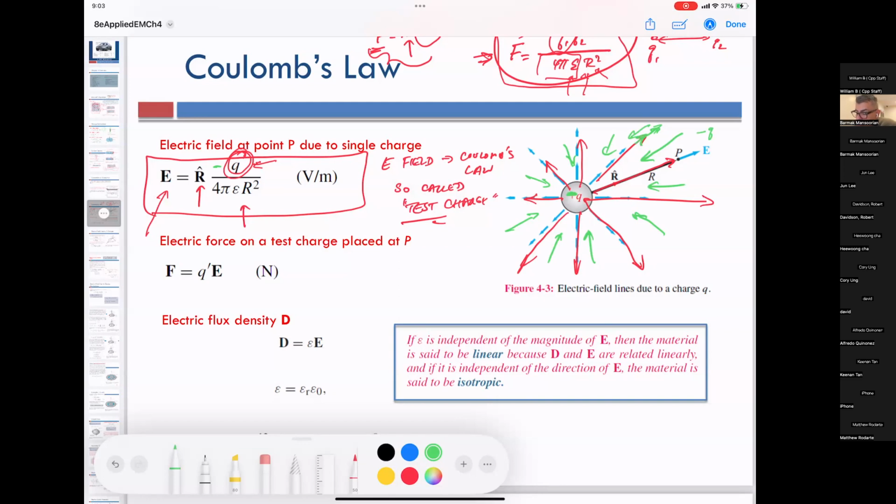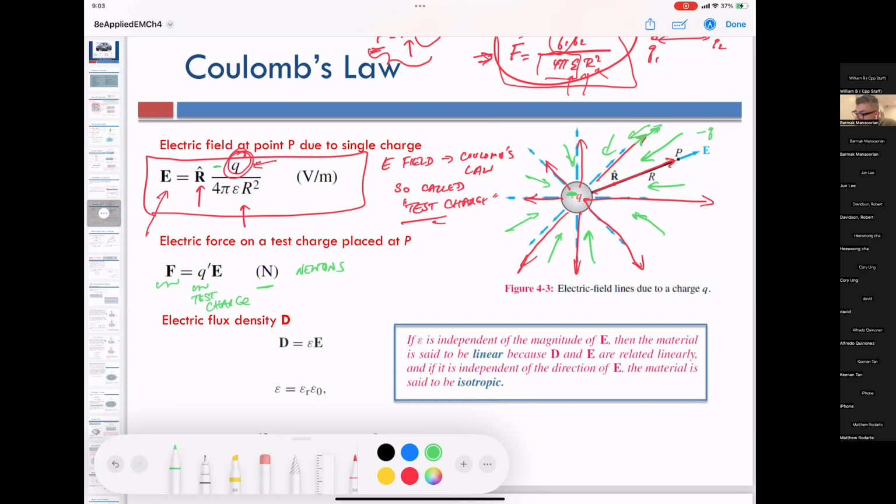Basically this Q prime is the test charge. The force on that test charge would be the test charge multiplied by the electric field. And notice it's given in newtons, which is the unit of force.